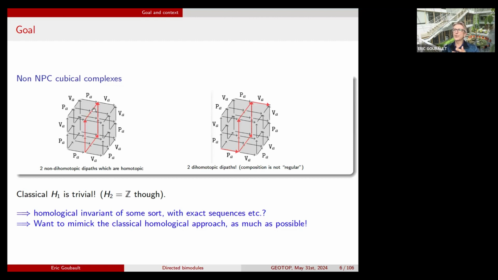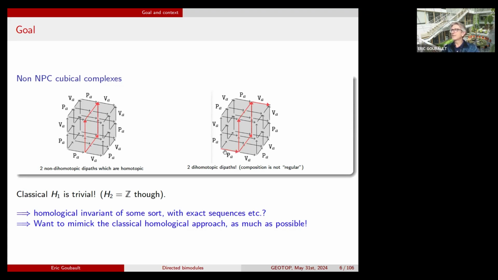You can deform one to another going through ordinary paths, but they're not going to be deformable through directed paths, because at some point you need to go through this deformation from the top one to the lower one through non-directed paths. So this will create something in the corresponding directed H1, as we're going to see.